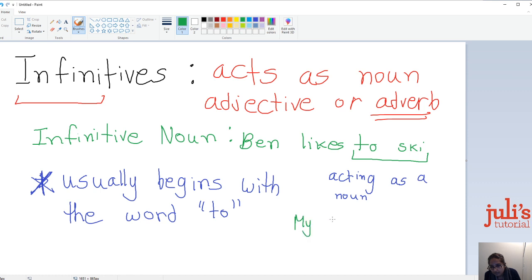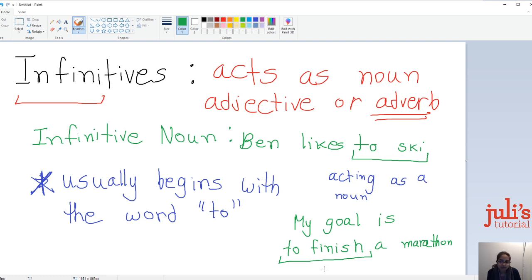My goal is to finish a marathon. Okay, my goal is to finish. That's why it's an infinitive noun, even though ski and finish are both verbs, because to ski, to finish, it's working as a noun.